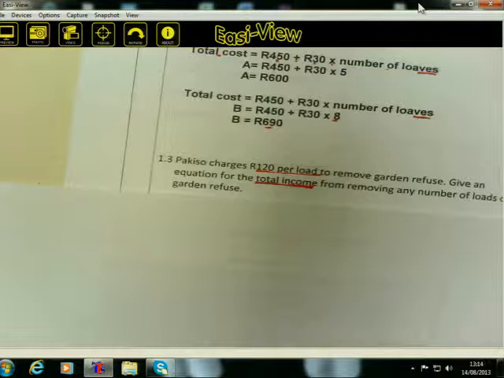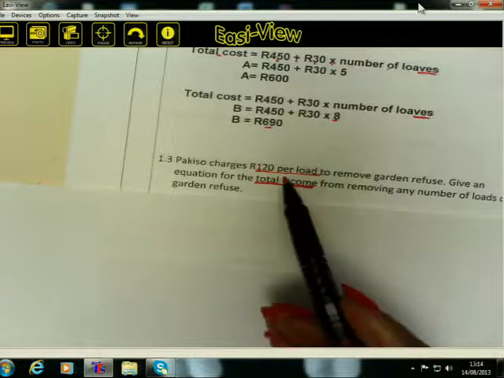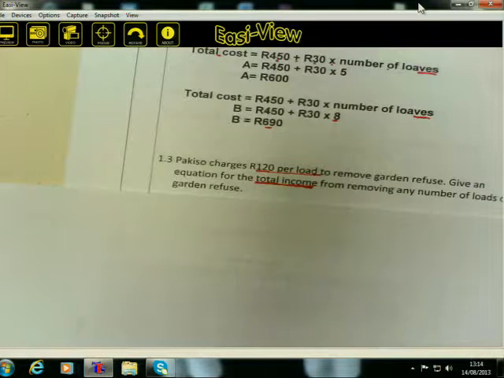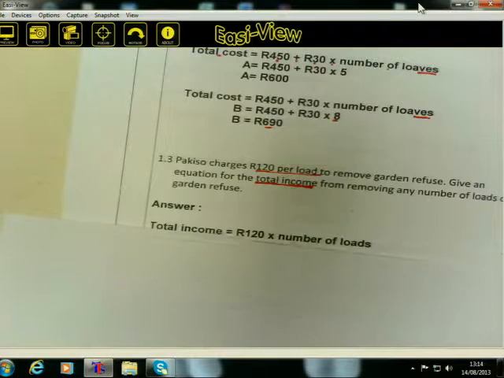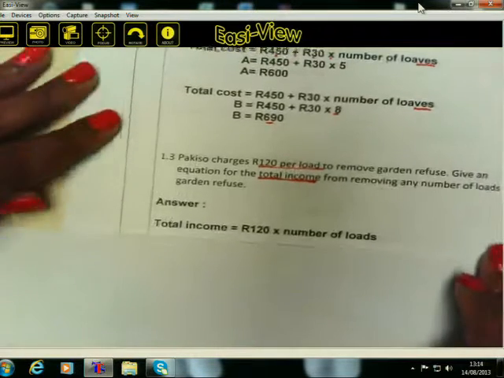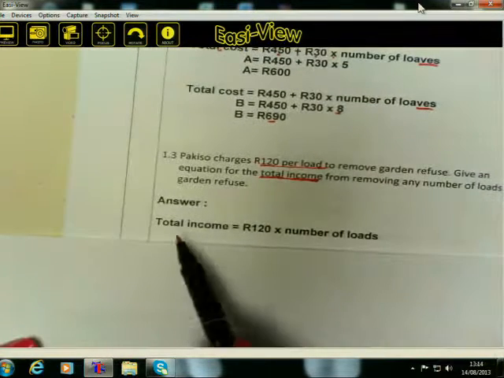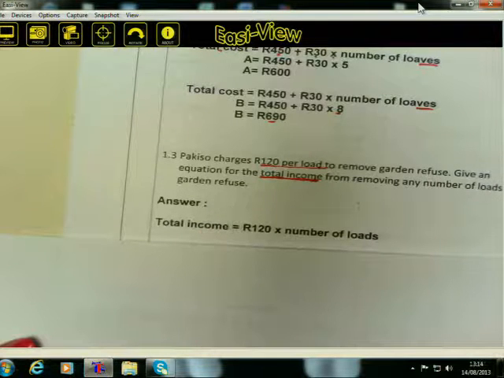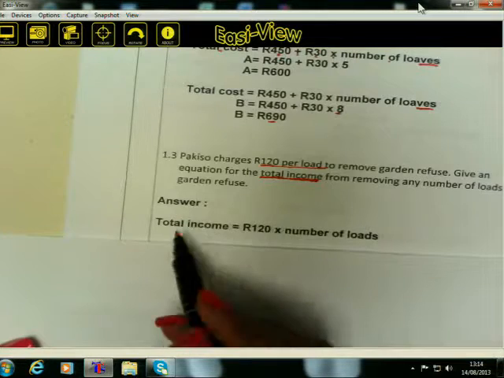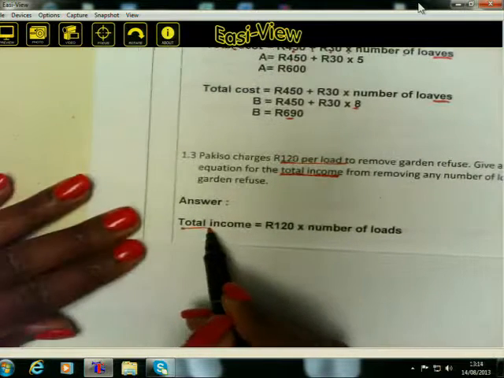And again, Pakiso must charge people for removing their garden refuse. So it said that Pakiso charges 120. Now we must come up with a formula. Remember, it is still based on total income. The previous formula was based on total cost. Now the formula is total income.